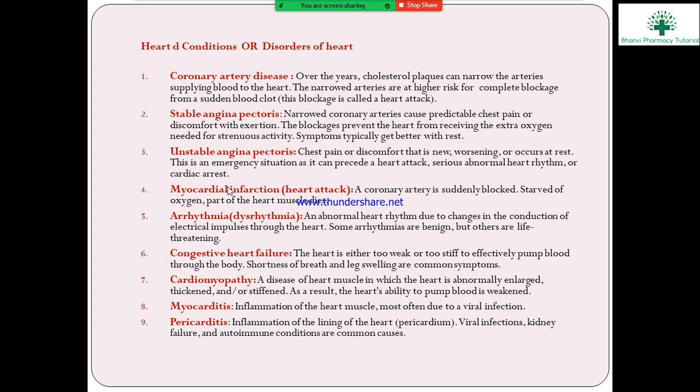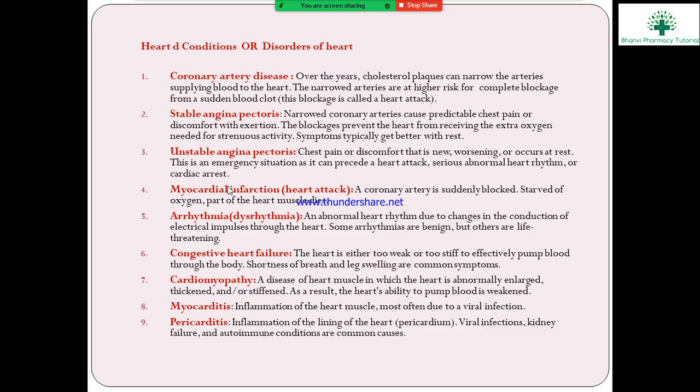Next, the fourth one is myocardial infarction. This is one of the disorders of the heart, known as a heart attack. The coronary artery is suddenly blocked. In myocardial infarction, the heart is starved of oxygen and part of the heart muscle dies.